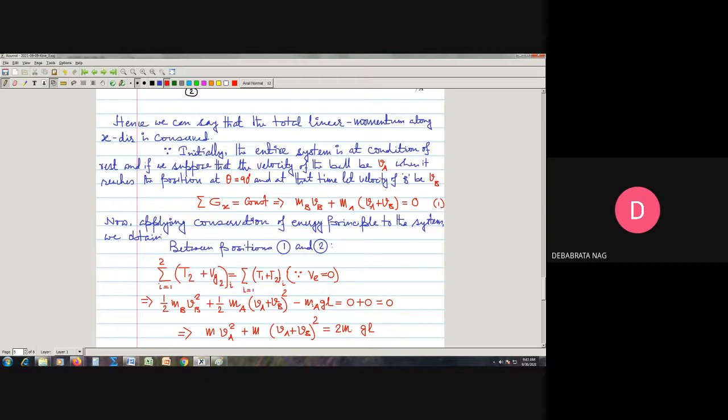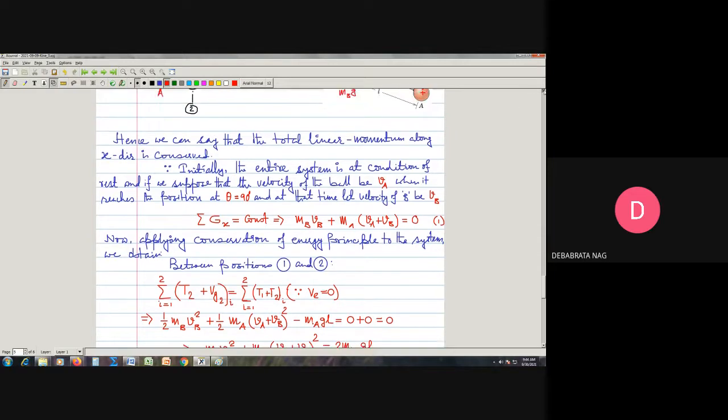However, the motion of the particles is connected with each other, and we say that this is going to be my total conservation of mechanical energy. So it will be, therefore, half m_B v_B squared plus half m_A (v_A plus v_B) whole squared, minus m_A g l, because this is minus, because we are on the downside of the datum line.